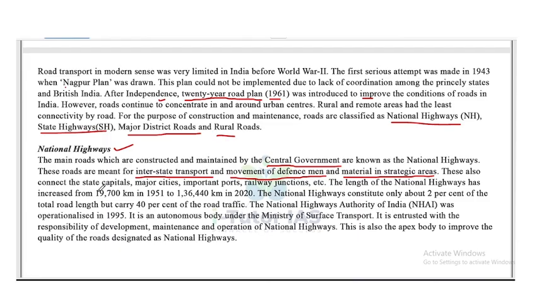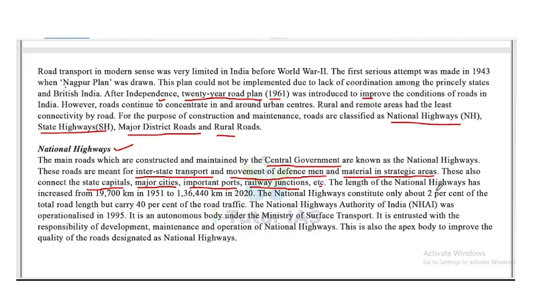These also connect the state capitals, major cities, important ports, railway junctions, etc.